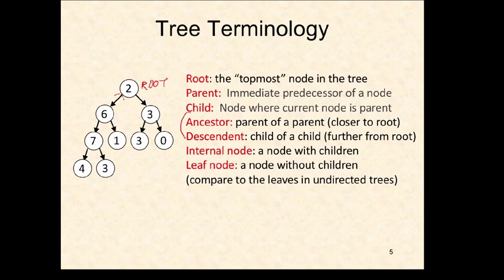And if I said, is 0 a descendant of 0, we would say no, because it's not a different node. So hopefully that cleared things up. I should have anticipated that and done it to begin with.